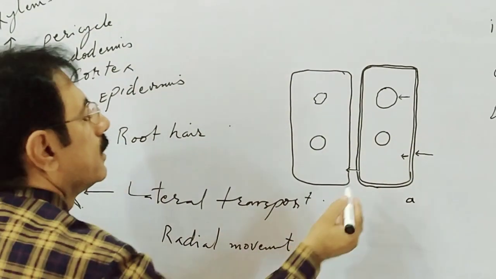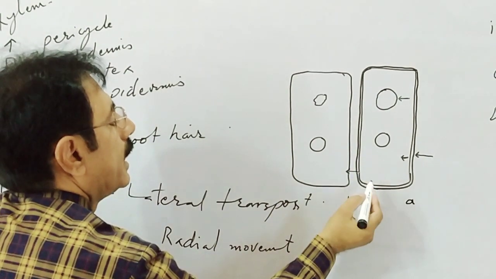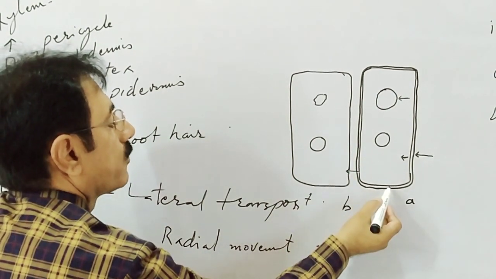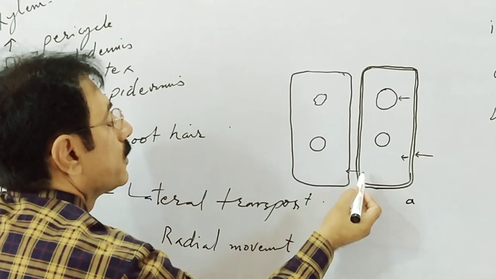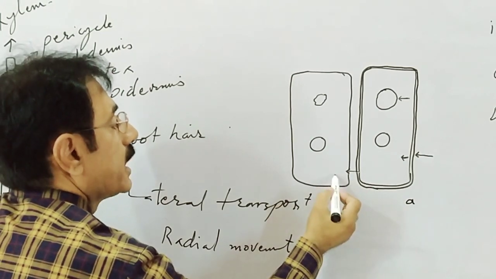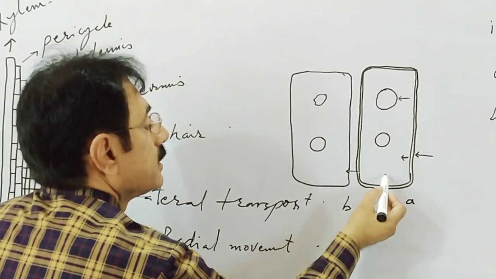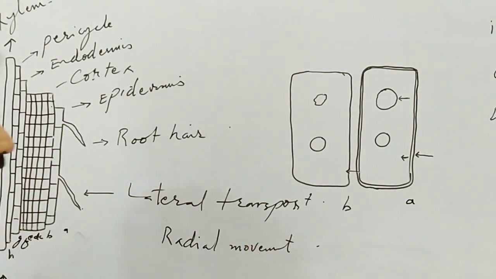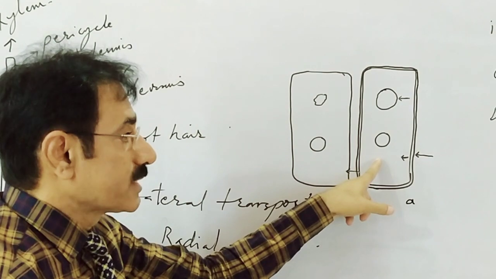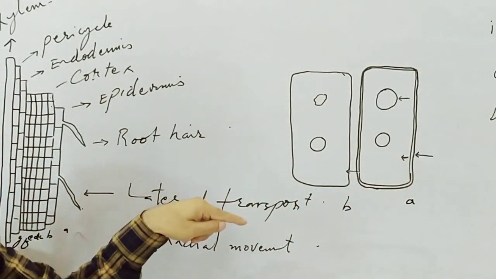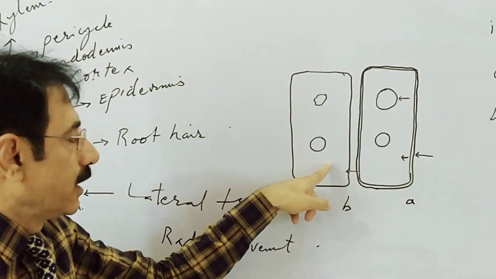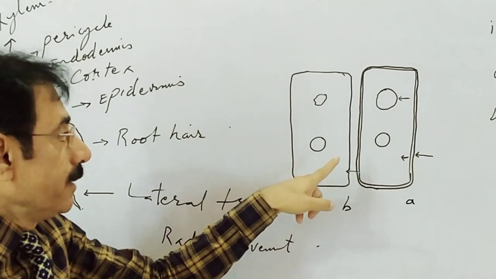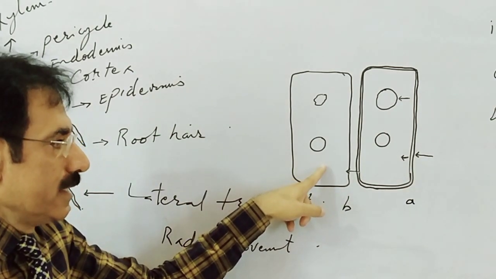When the water molecules move from cell A to cell B, it means the water potential of cell A is reduced, and the water potential of cell B increases.